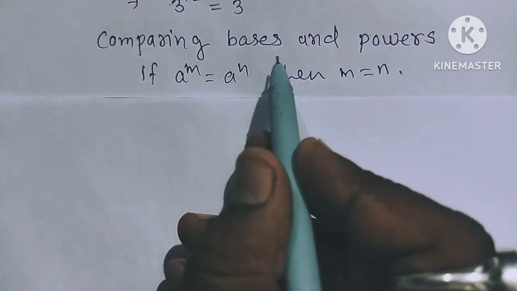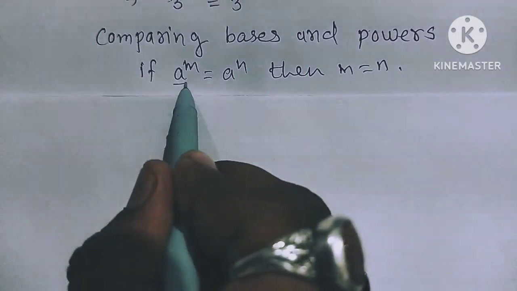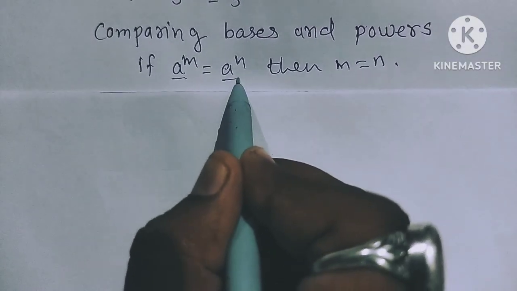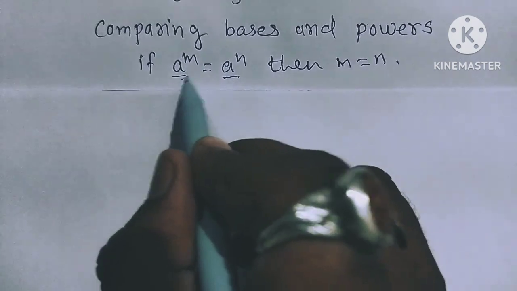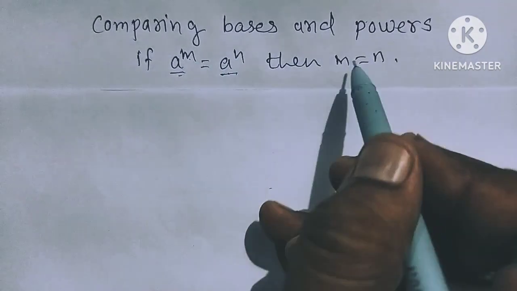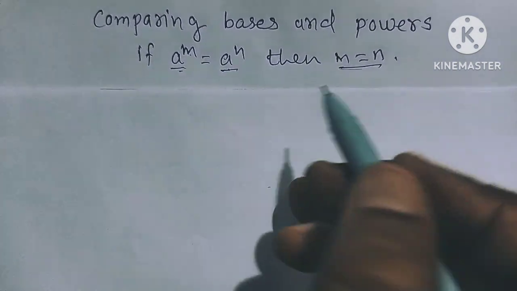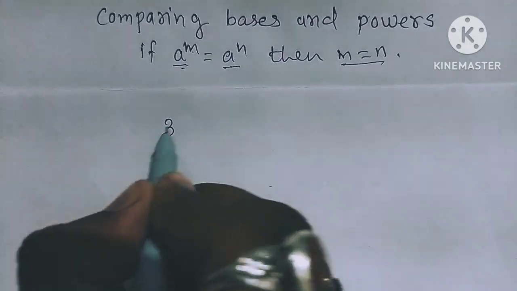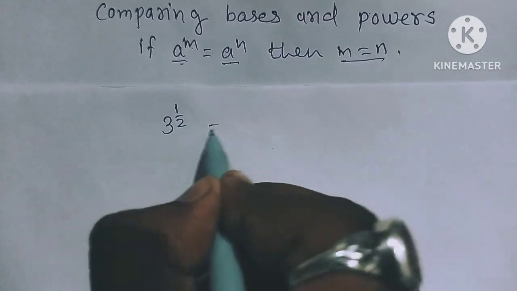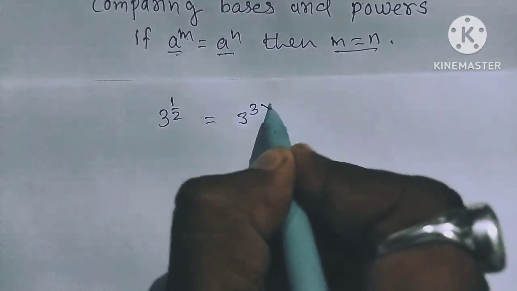Now here comparing bases and powers, a raised to the power m is equal to a raised to the power n. Then if bases are equal, then their powers are also equal. m is equal to n. Now 3 raised to the power 1 by 2 equal to 3 raised to the power 3x.